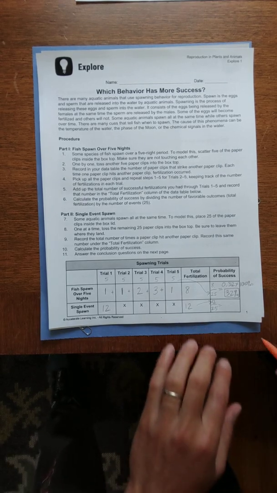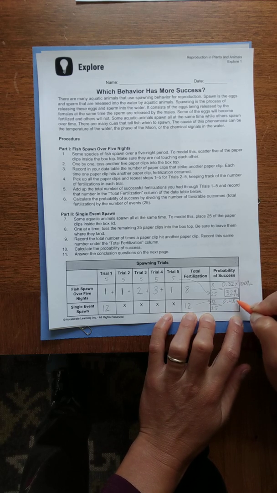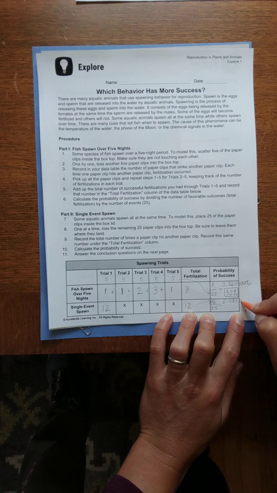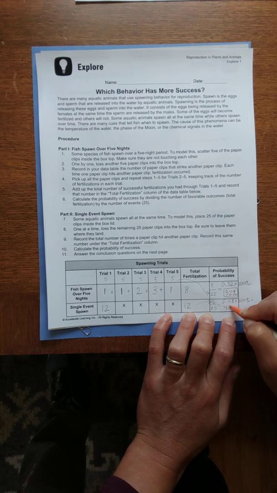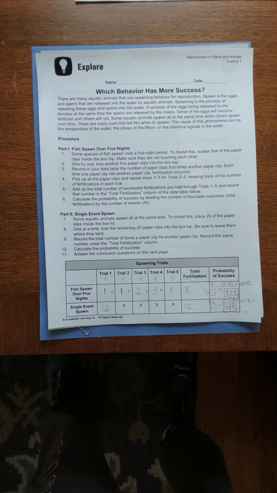So 12 divided by 25 is 0.48. To convert that to a percentage, we multiply by 100%, and we get 48%. And that's our probability of success for part 2, which is the single event spawn.